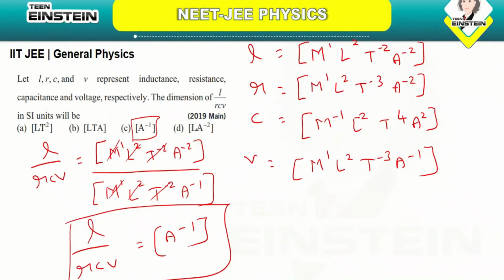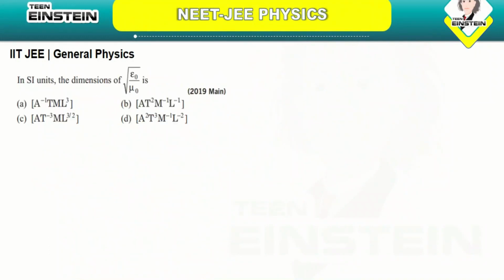Okay, let us now move on to the next question. In SI units, the dimensions of epsilon naught by mu naught is.